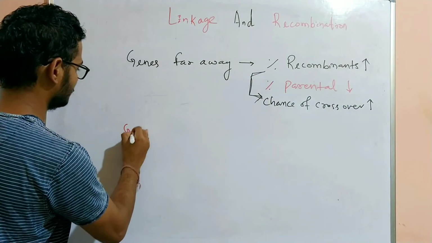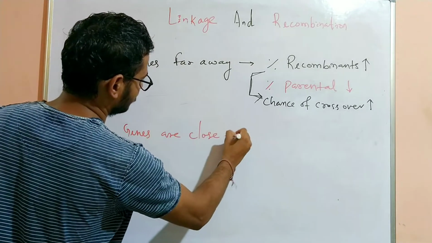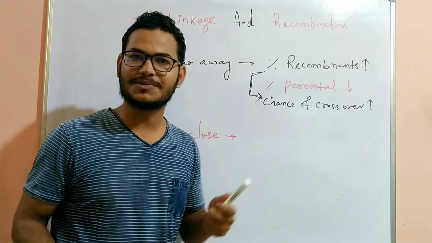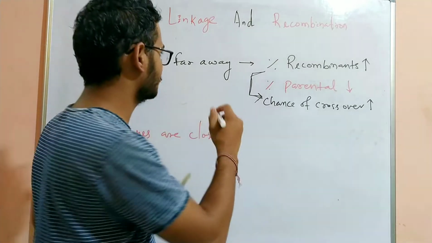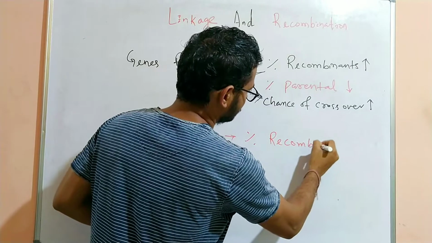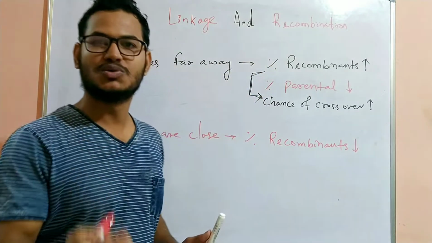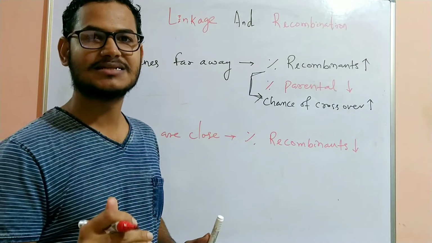Next, in the second case, when genes are close to each other, what will happen? Percentage of recombinants will be less due to less crossing over.